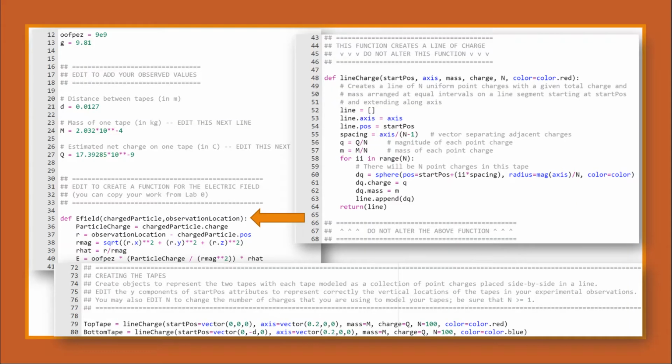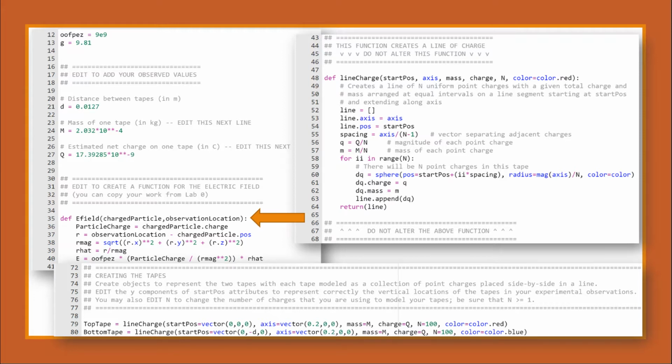Here is the code from Lab 2. At line 35, where the arrow is shown, I used the same code from Lab 1 to calculate the electric field. So basically it's saying the R vector is equal to the observation location minus the charge particle position.